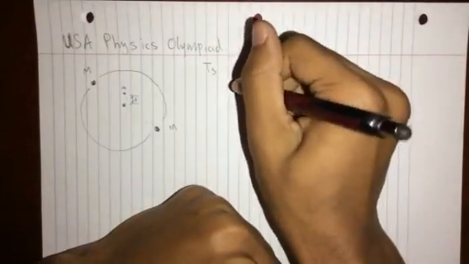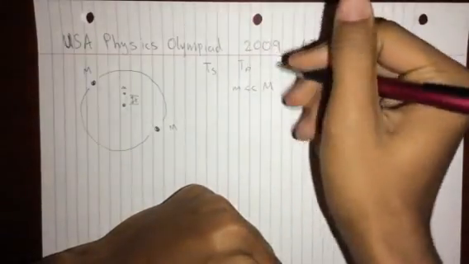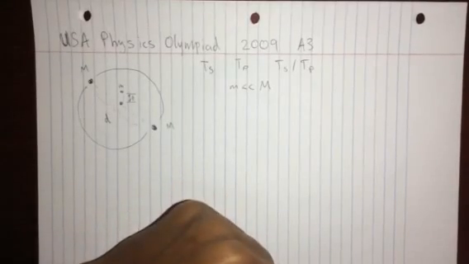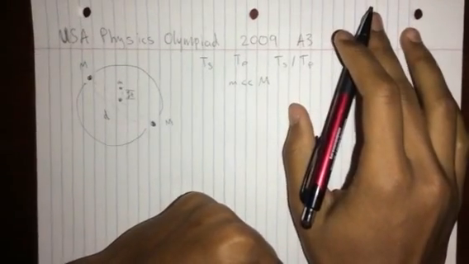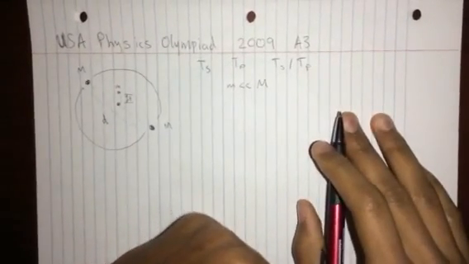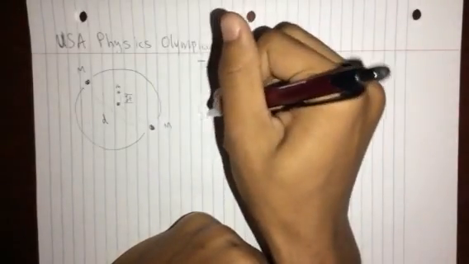We know that m is much smaller than M, and this entire distance we'll call d.